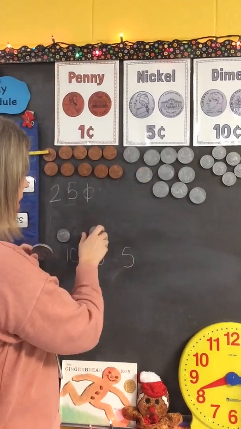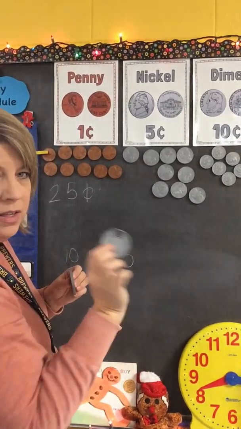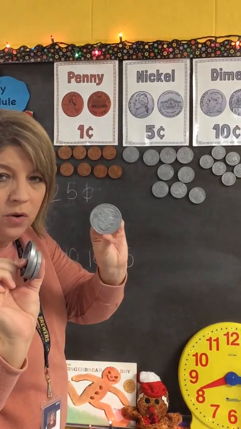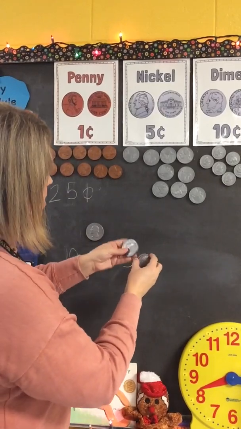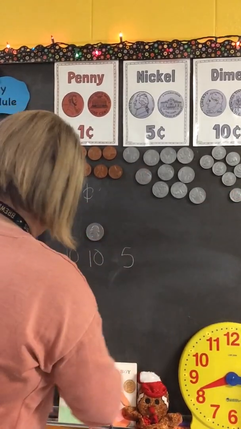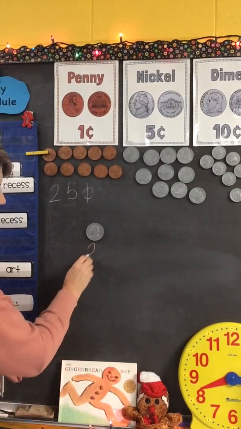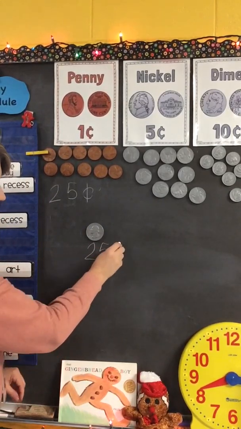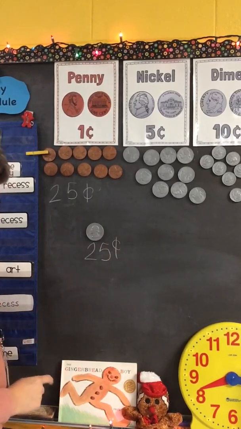Let's put the nickel away and the 2 dimes, because remember, these 3 coins and this 1 coin is 25. So we're going to put that one on there today and get rid of those. And now our 1 coin is worth 25 cents.